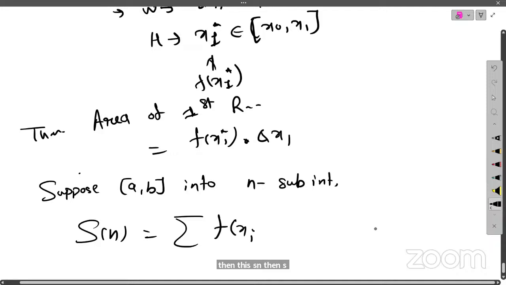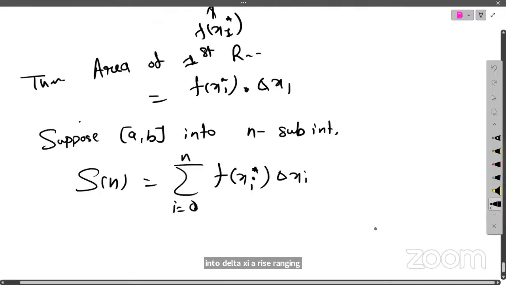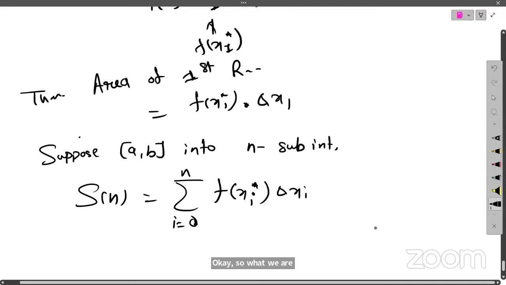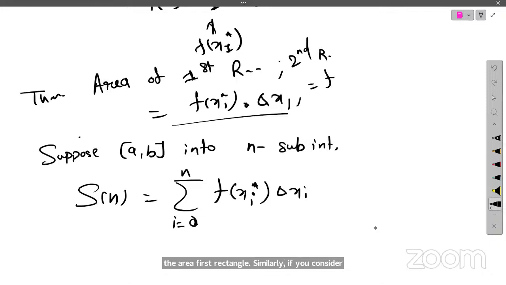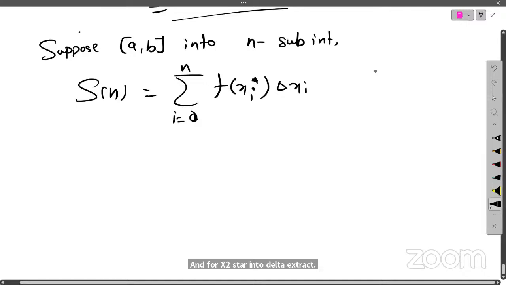Here the area will be f of xi star into delta xi, where i is ranging from 1 to n. So we are taking the sum of the areas of all rectangles, right? This is the area of the first rectangle. Similarly, the area of the second rectangle will be f of x2 star into delta x2. So this is the sum of the areas of n rectangles. Is that fine? This particular sum?